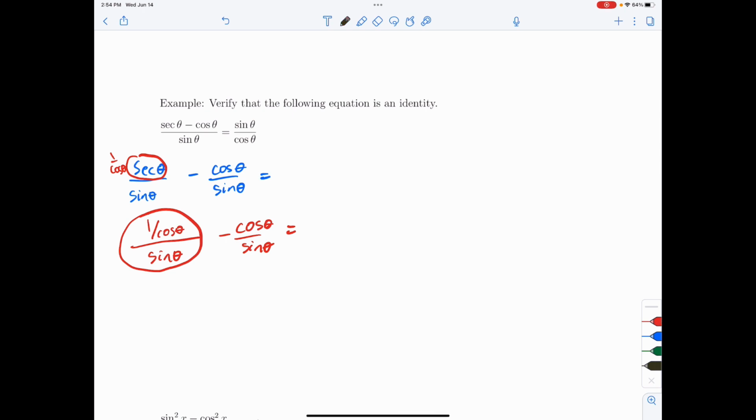Okay, so here, 1 over cosine theta divided by sine theta. I'm going to do this over to the side. This is just a little refresher for you when I'm dividing fractions. That's the same as multiplying by the reciprocal. Okay, so simplifying that fraction is just going to be 1 over cosine theta times sine theta.